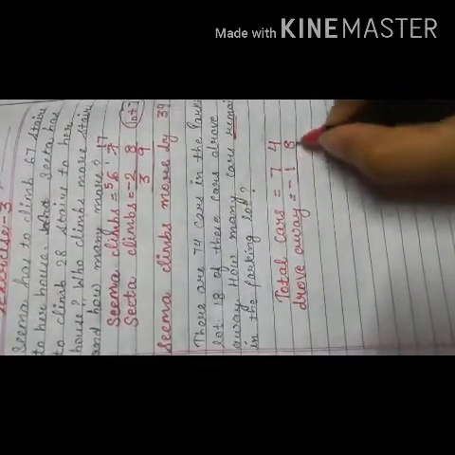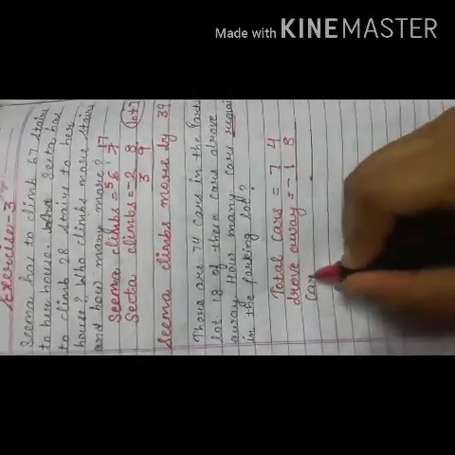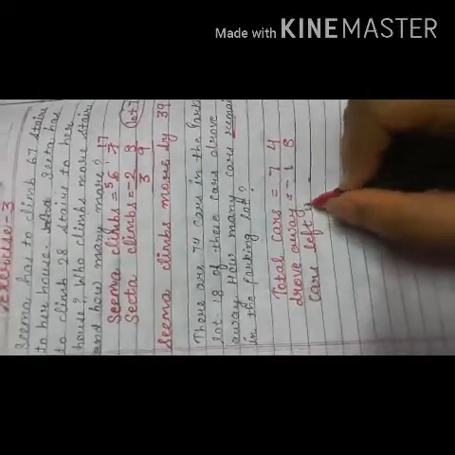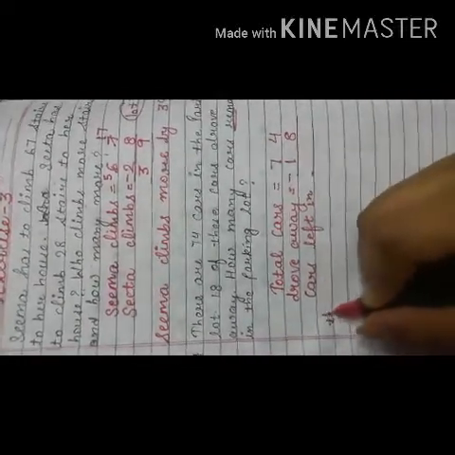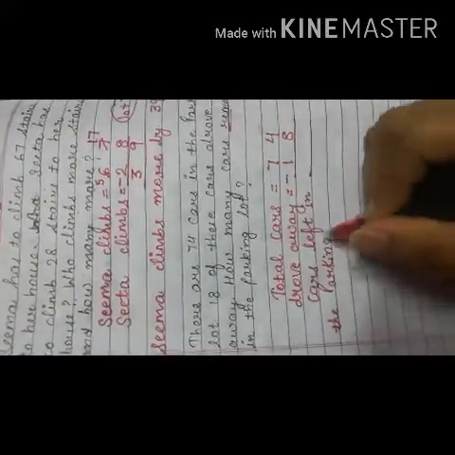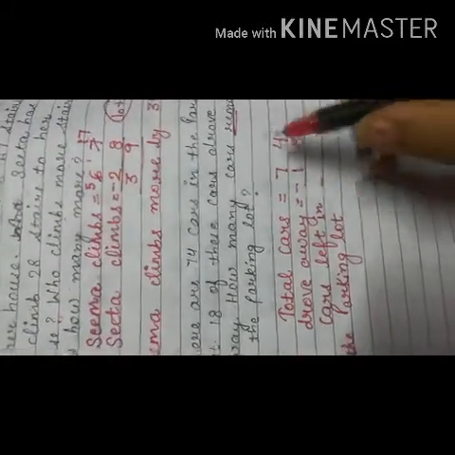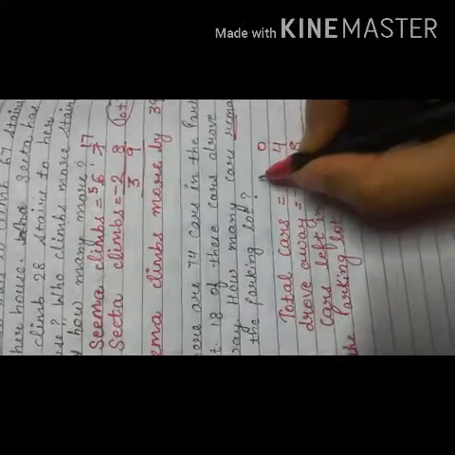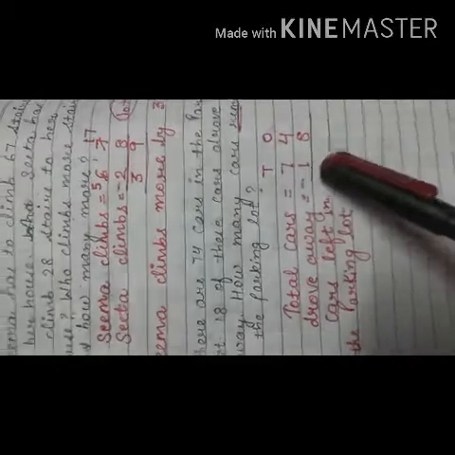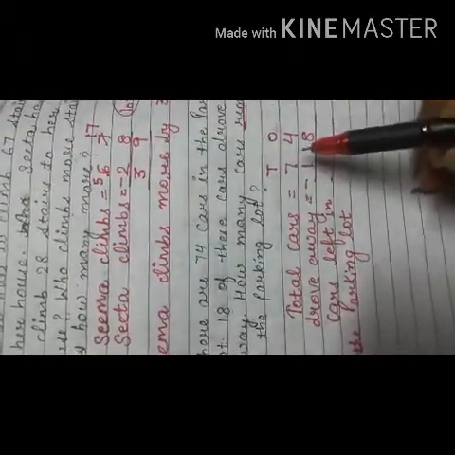We will just subtract, and we will write cars left in the parking lot. Now we will just subtract, and these are the places that I am writing, because you always have to arrange the numbers in the columns. Now you just subtract it.